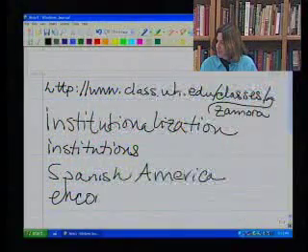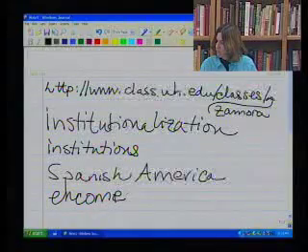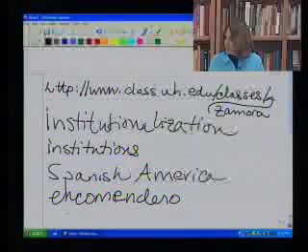They were not slaves, so they were not the property of the person who held the grant of encomienda, who's known as an encomendero. So encomienda is the institution, and an encomienda is held by an encomendero.